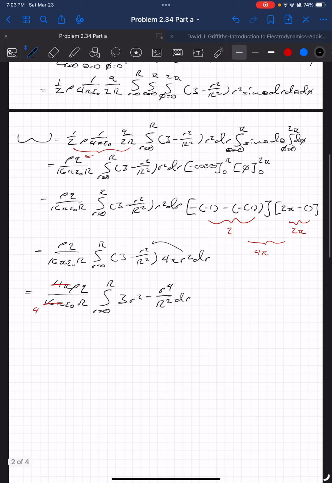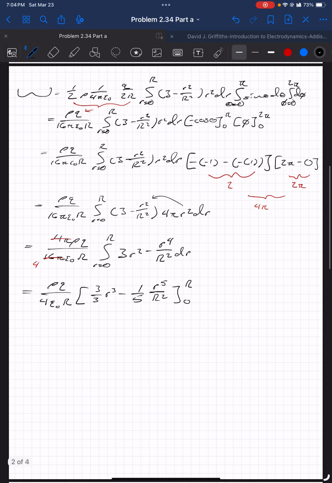And when we take the integral of this, we will get rho q multiplied by 4 epsilon naught large R, multiplied by, and the integral of 3r squared is 3 divided by 3r cubed, and the integral of r to the 4th over large R squared is 1 over 5 multiplied by small r to the 5th over R squared. And all of this is still from large R to 0.